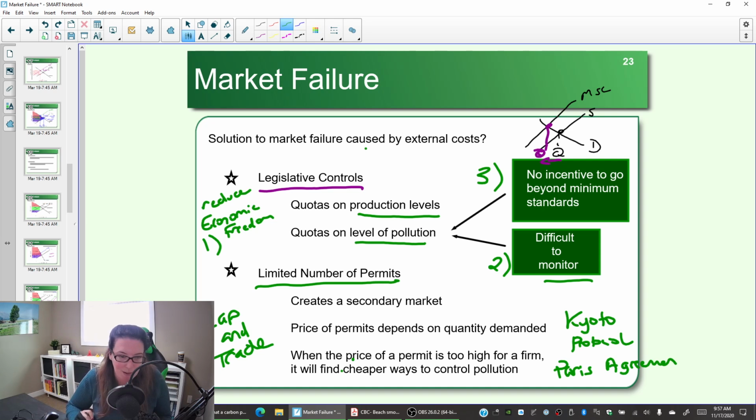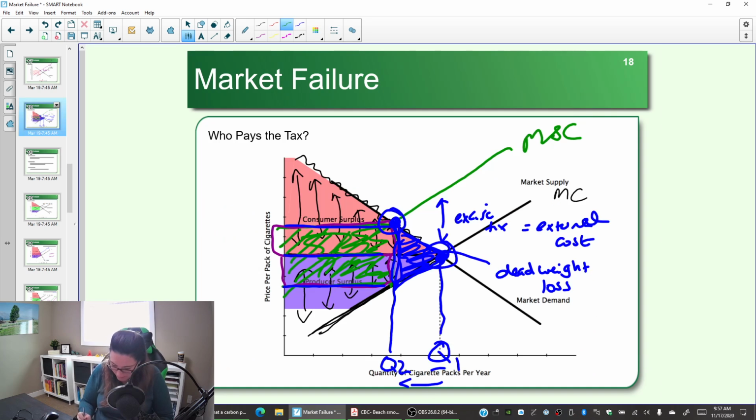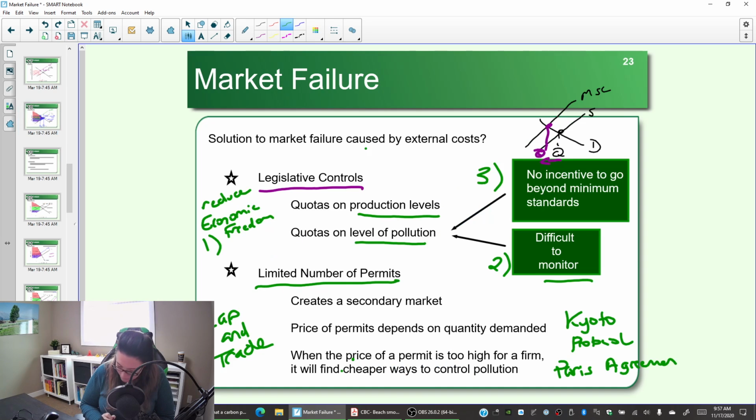And that's what's being fought in the courts right now, is whether Alberta needs to have a carbon tax either provincially or federally. Now, if it's provincial, then the provincial government gets that tax revenue that we see there. If it's federal, the federal government gets that tax revenue that we see there. But economists like cap and trade even better than carbon taxes.